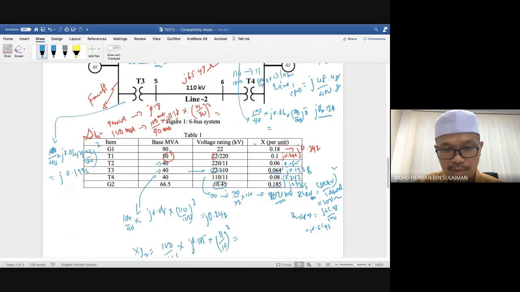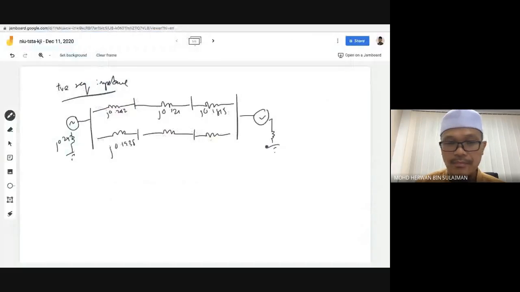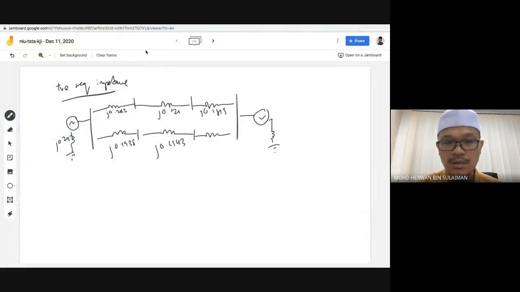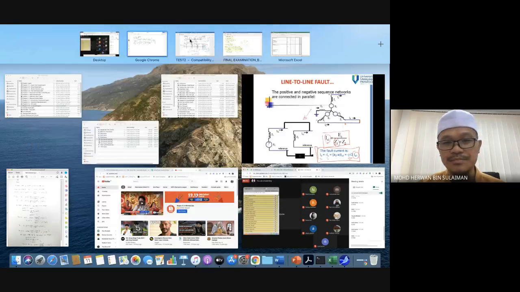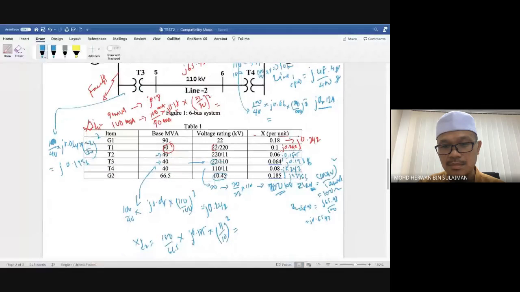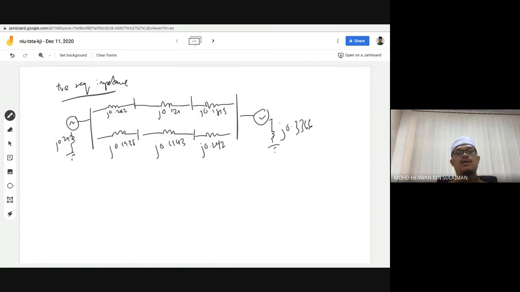Line 2 is j0.6543. Then our transformer is j0.242. And our generator is j0.3366. Okay, so j0.3366.